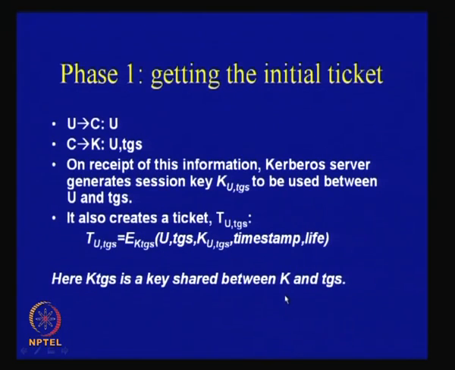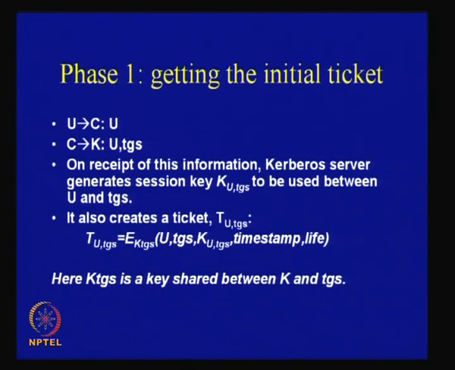The TGS already has knowledge of KTGS. Therefore, when the ticket granting service receives this packet, it can decrypt it by KTGS and obtain the value of the session key KU,TGS, right.